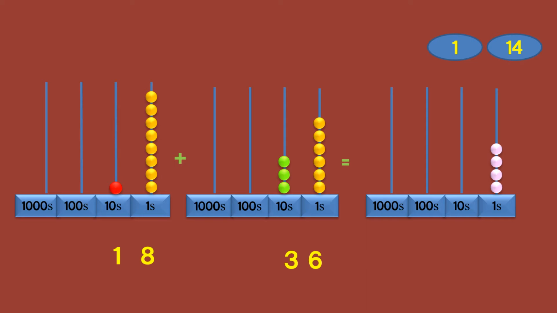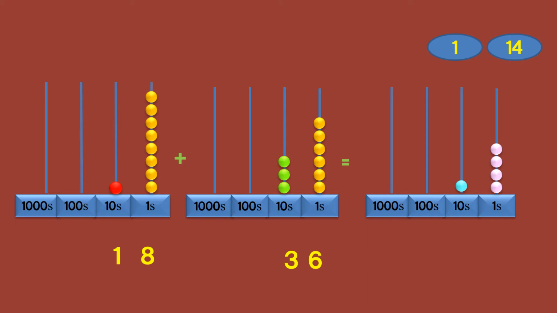Right. Now I have already got a bead from ones place to tens place. So I'm going to consider the number of beads in tens place. First of all, I'm going to mention the bead that I have gifted from ones place. So we'll mention that.